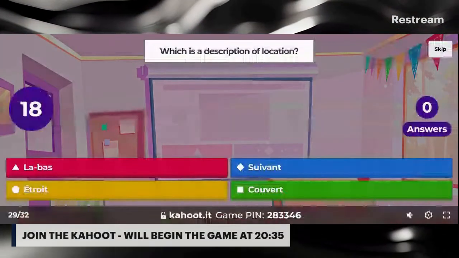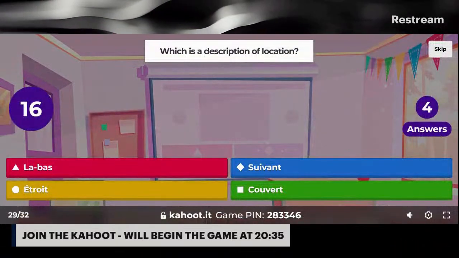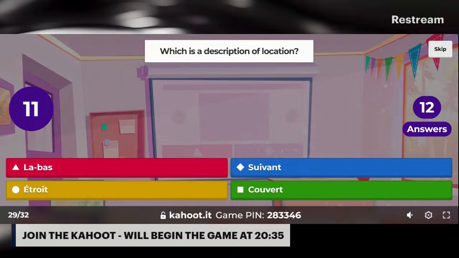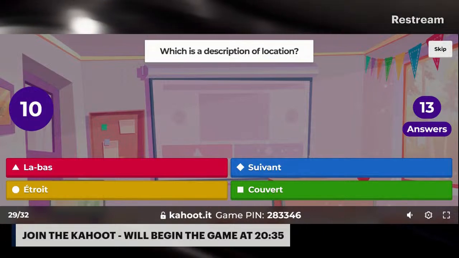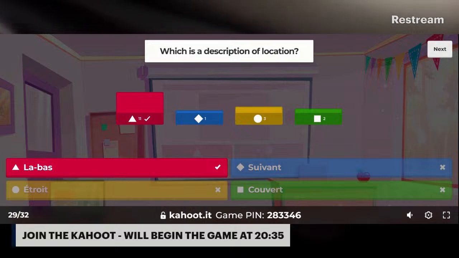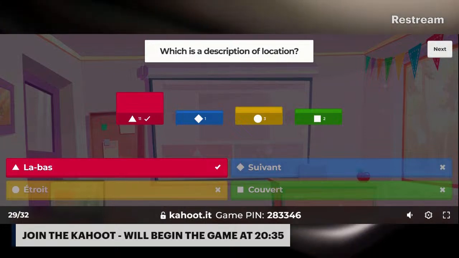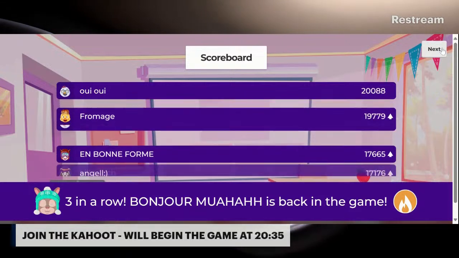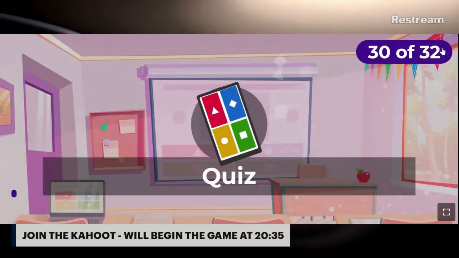Which is a description of location? Là-bas, suivant, étroit, ou couvert? Là-bas, which means over there. Okay.